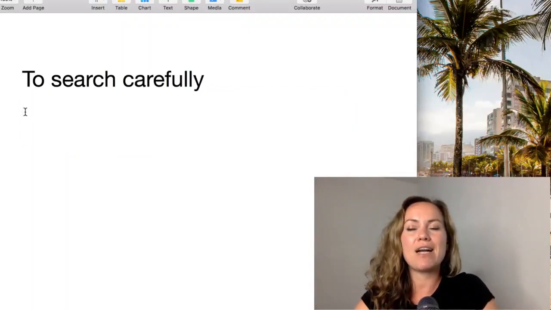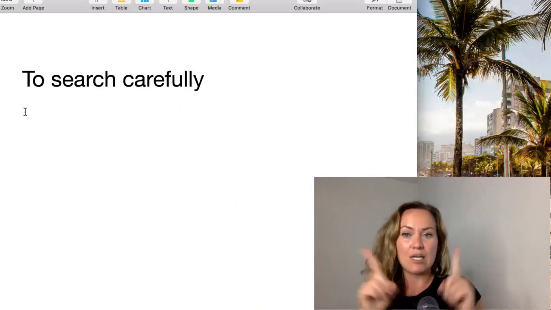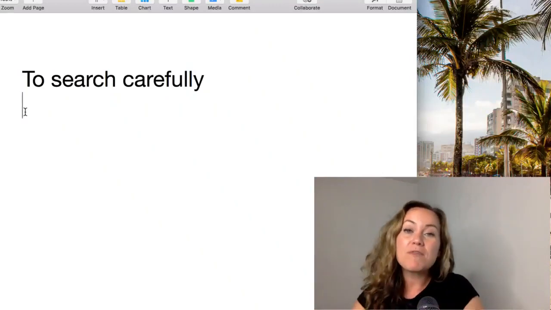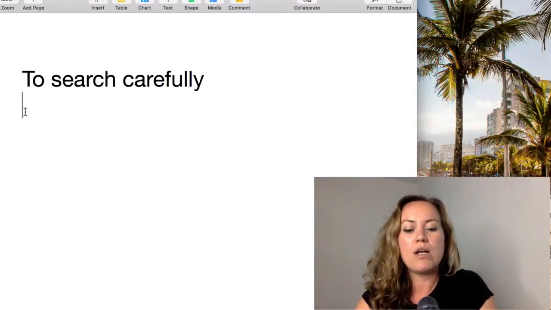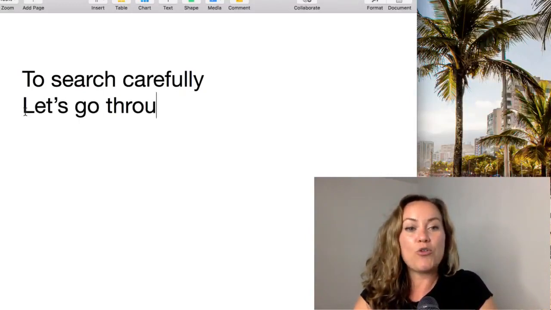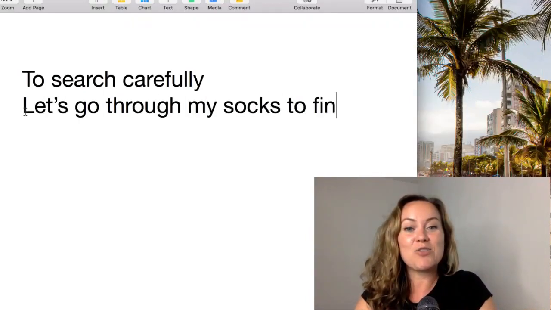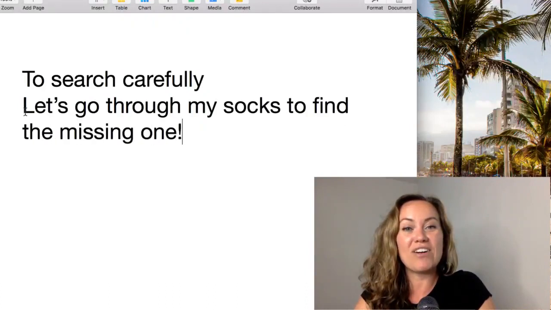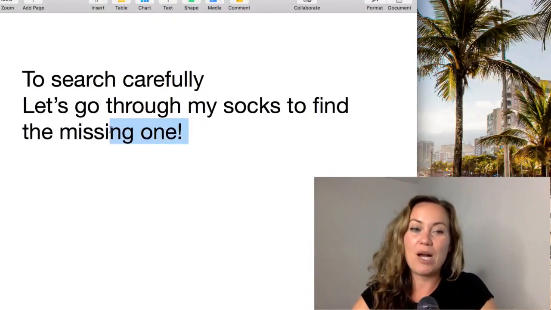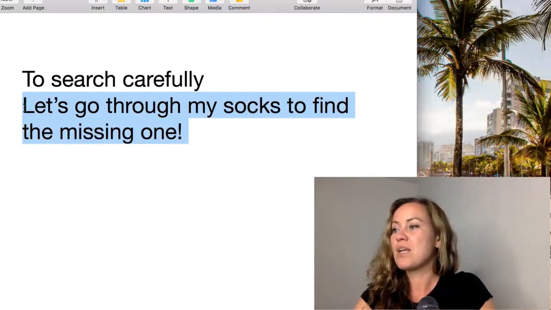What else could we search through? Oh, I can't find the match to one of my socks. You know how socks come in pairs? Well, I can only find one sock. So let's go through my socks to find the missing one. This is a problem that we all have, isn't it?